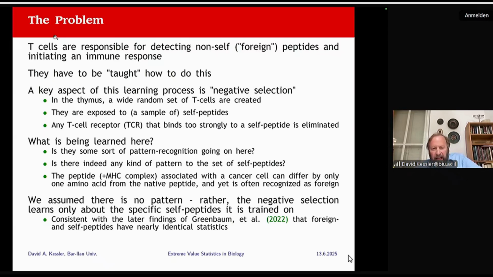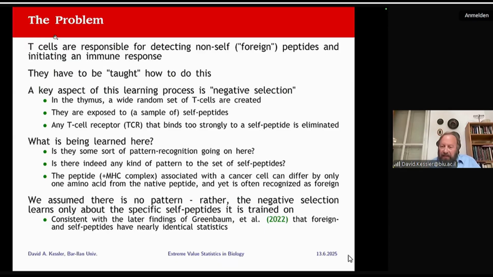Then the question is, they're supposed to not recognize self-peptides, and they're supposed to, however, react to other peptides. So what's being learned here? You might imagine that there's some kind of pattern recognition going on, some magic code hidden somewhere.